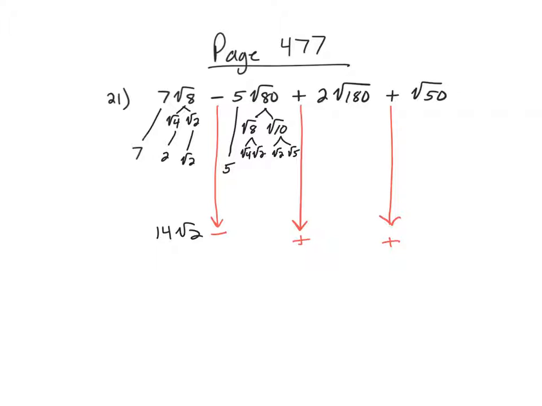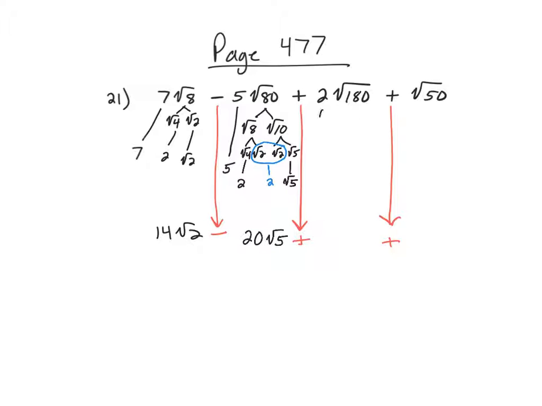Now I can put these two guys together. They're buddies, so they're going to come out as a 2. This square root of 4 is going to come out as a 2, and this square root of 5 is going to come down just as it is. So when I multiply 5 times 2 times 2, I'm going to get 20 radical 5.